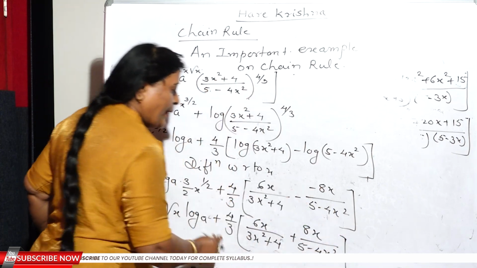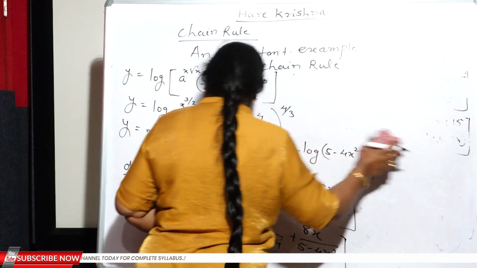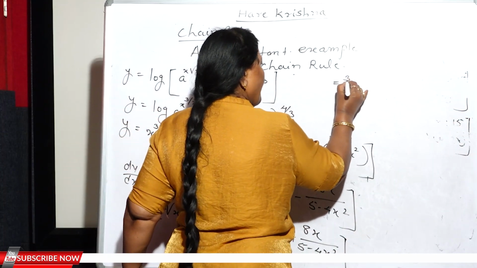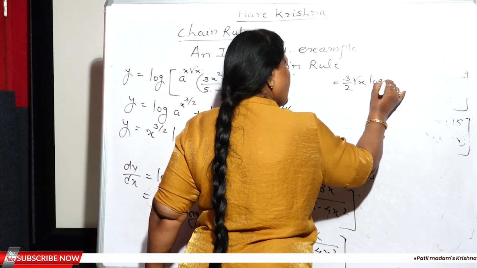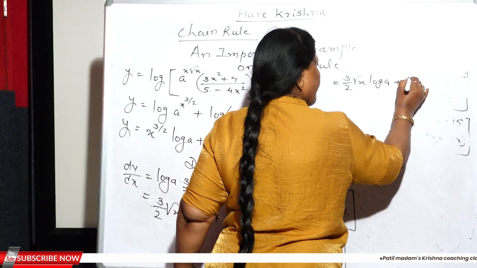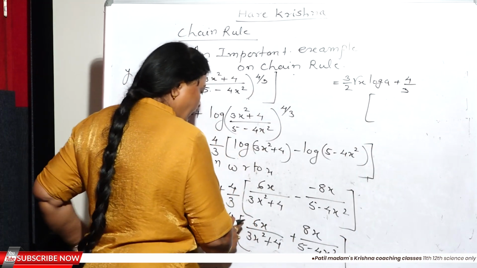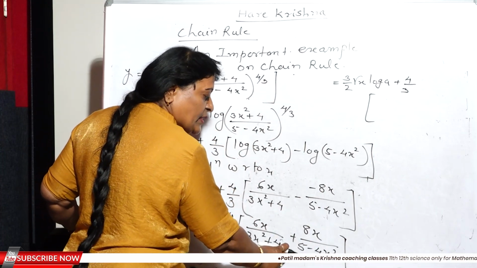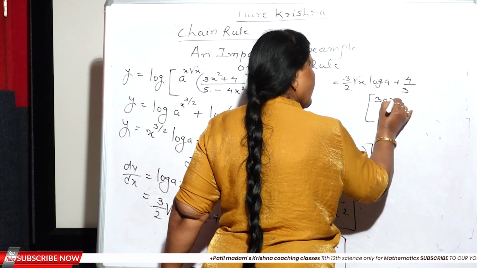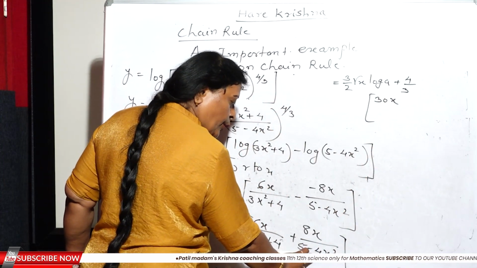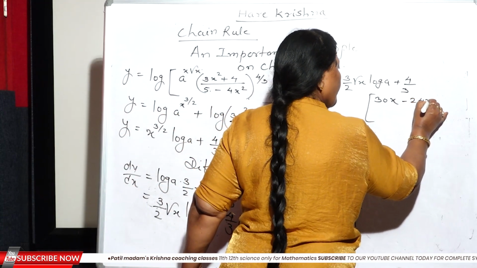Again, since this is the addition of two fractions, you can simplify the function. See, here again, this is 3 by 2 root x log a remains as it is. Here again 4 by 3. See, the cross multiplication. Here you have to multiply 6x with this 5 minus 4x square. 6x into 5, that is equal to 30x. 6x into minus 4x square, that is 24x cube.